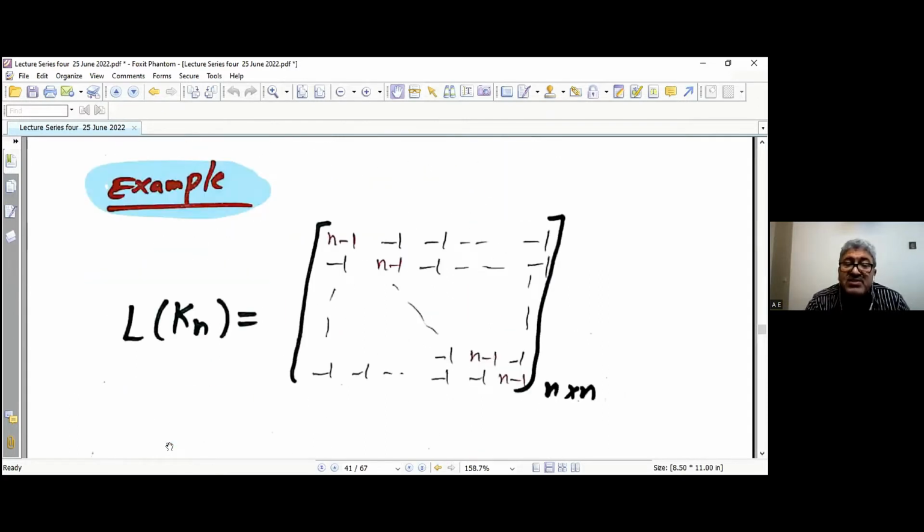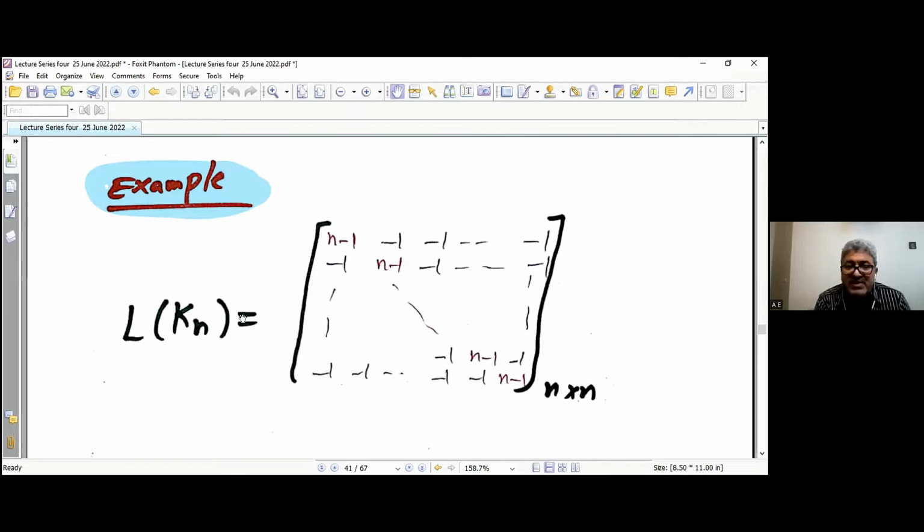This is the Laplacian matrix of the complete graph Kn. So we have n vertices, and the Laplacian matrix is n times n. Now look at the diagonal. In Kn, each vertex is adjacent to every other vertex, so the degree of any vertex is n-1.